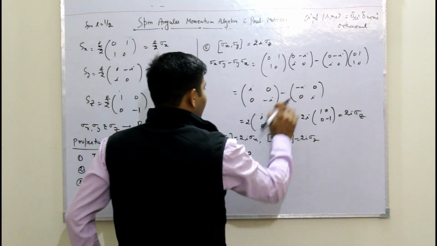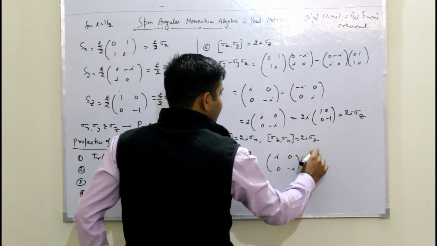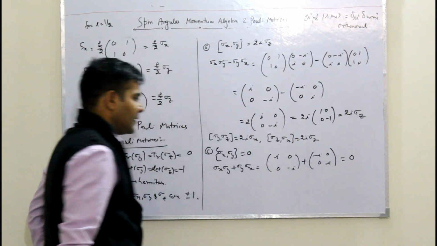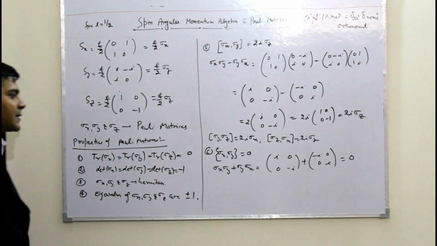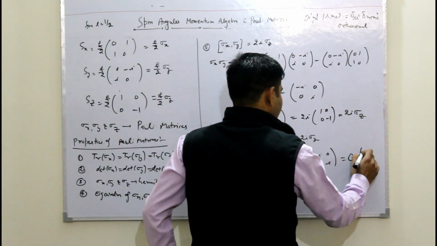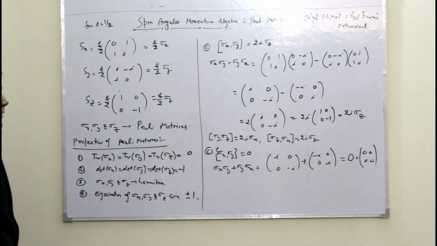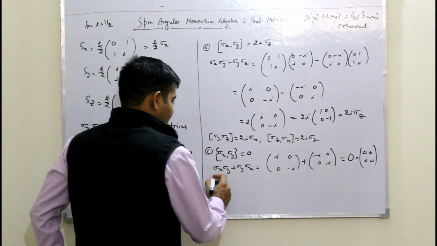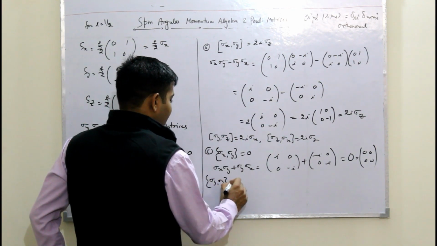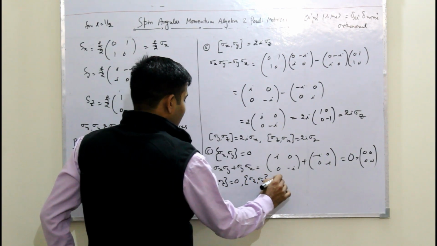Instead of minus, if you have plus, you will have iota 0, 0 minus iota, plus minus iota 0, 0 iota, which is nothing but 0. 0 means the null matrix, 0, 0, 0, 0. And similarly, sigma y, sigma z will also anti-commute, and sigma z, sigma x will also anti-commute.